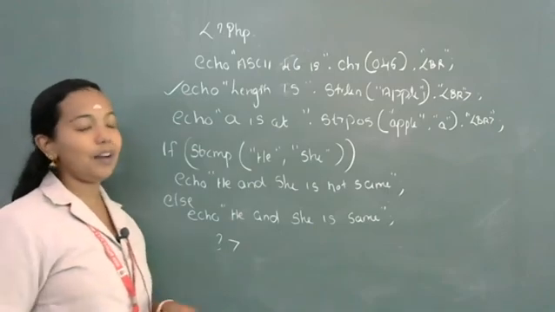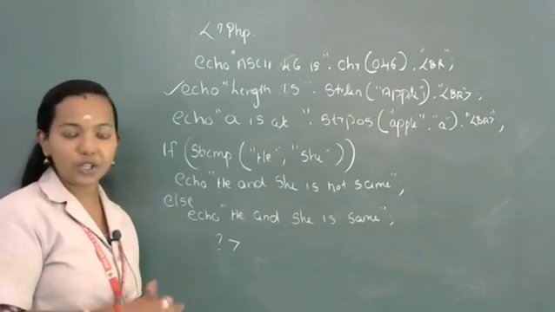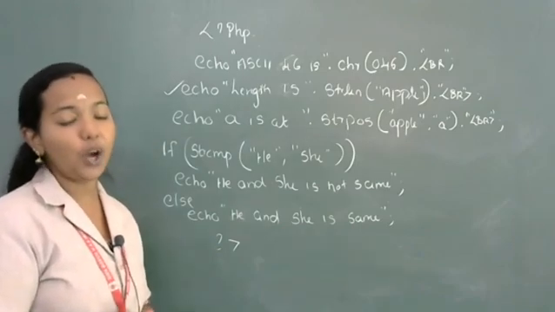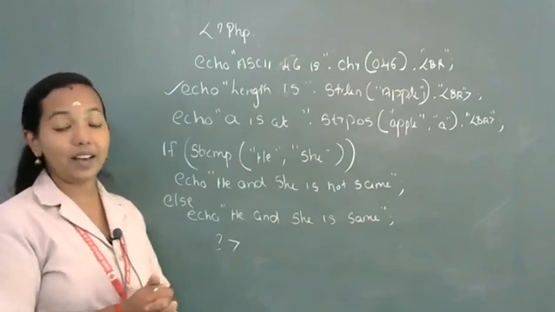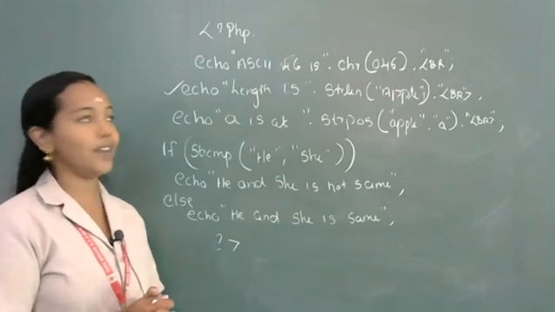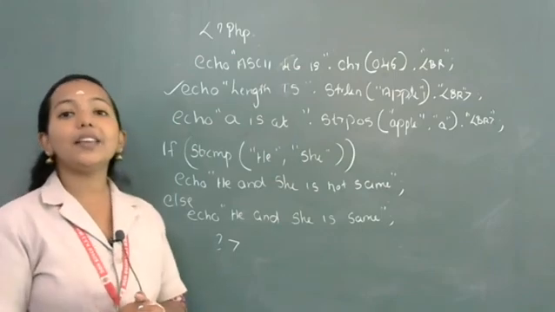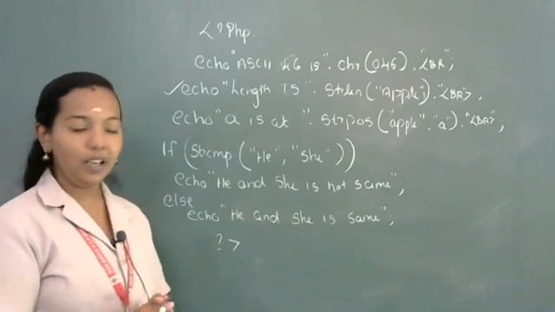So in this example, we included all the string functions of PHP. First function finds the ASCII equivalent of an ASCII code. Here the ampersand ASCII code is 46, so we get ampersand as a result. Second, the length of apple, the number of characters present in apple, that will be 5.